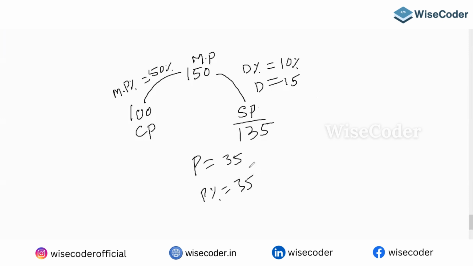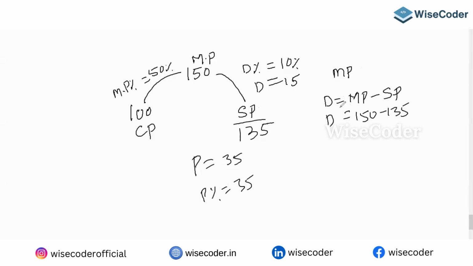Here you need to understand two points. Market price is always above the cost price. Discount is always market price minus selling price. Here I got 15 as discount: 150 minus 135.